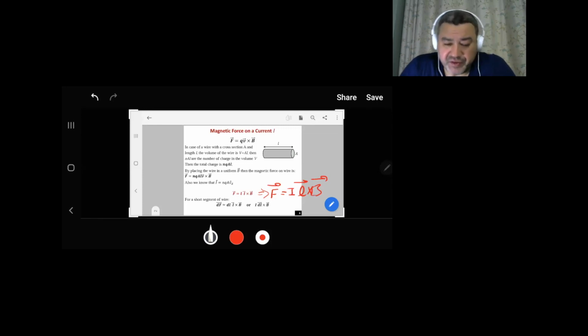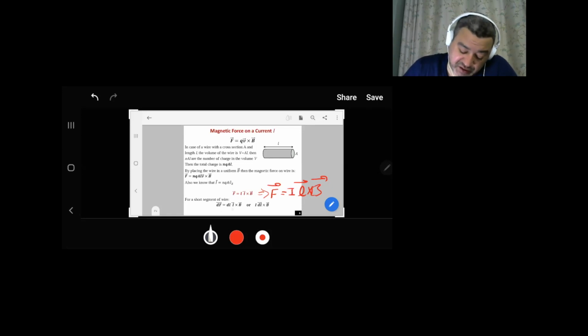Now this is the magnetic force for a special case where I have a uniform magnetic field. What happens if I don't have a uniform magnetic field? In this case, integration has to be used in order to calculate the net force on a wire that has currents in it.